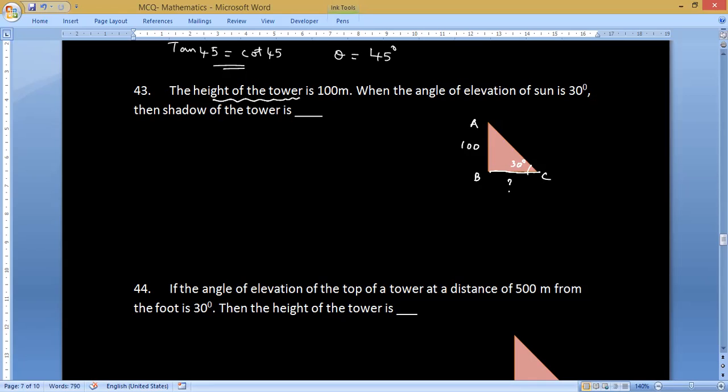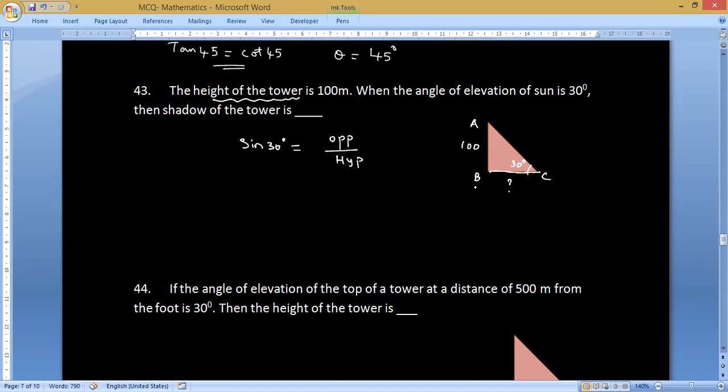Then we use values like sine, cos, tan, cosecant to get these values. So I'll take sine 30 degrees. Sine 30 is opposite side by hypotenuse.